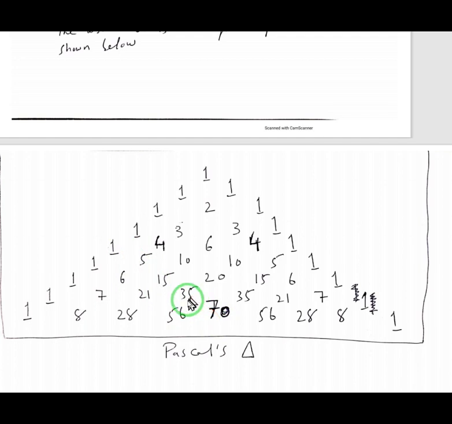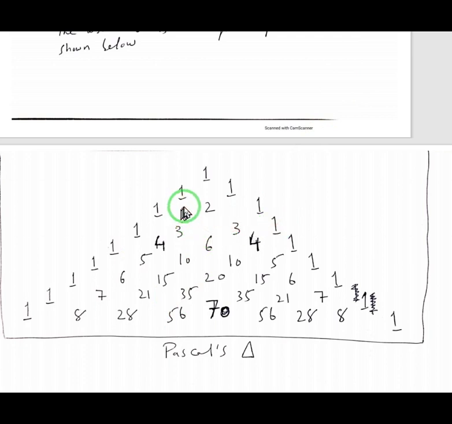Sorry, 35 plus 15 plus 5 plus 1 is 56. It's like this: 35, 15, 5 plus 1 is 56.